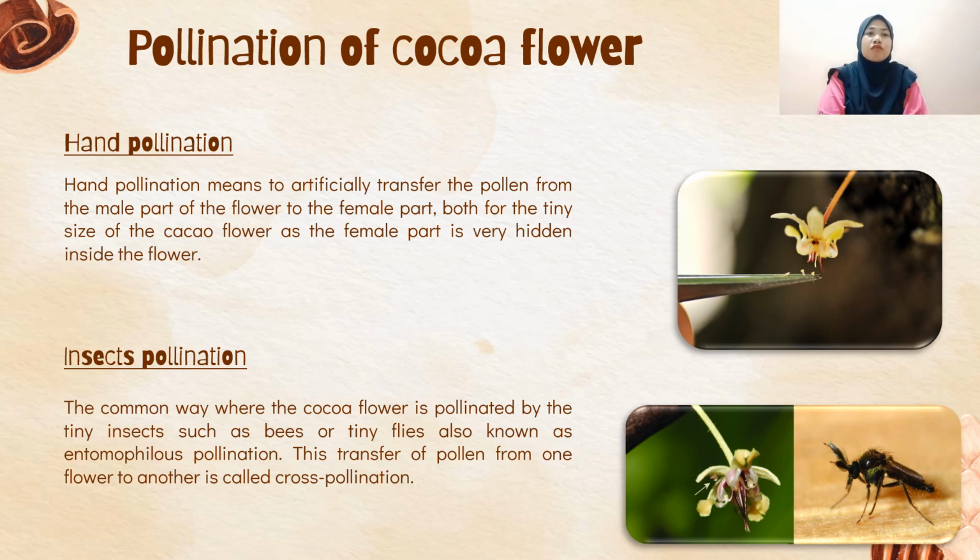The insect then flies off to another flower where some of the pollen may be transferred to the stigma. This transfer of pollen from one flower to another is also called cross-pollination. To understand more about pollination by hand, let's take a look at the video provided in the next slide.